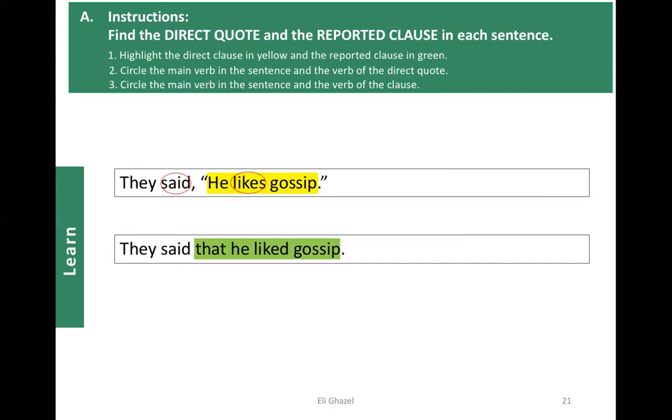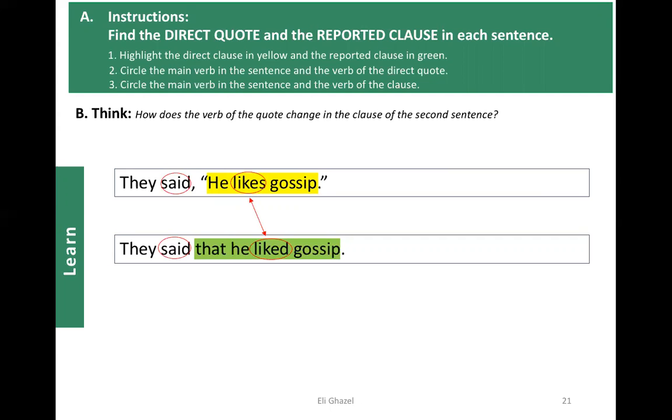The main verb is said in the sentence, but in the exact words, it's likes. In the second one, the main verb is said, but the verb inside the noun clause is liked. So what is the main verb of the sentence? Here, it's said. The other one is part of what was said, not the action that the speaker or the reporter took.